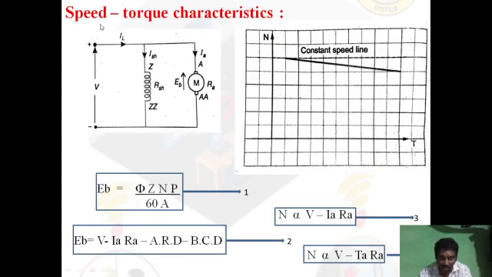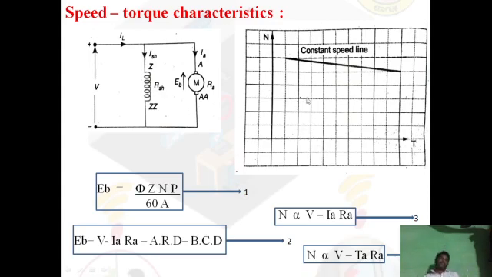But now, in the speed torque characteristics, both are mechanical parameters. The torque is a mechanical motion, and the speed is also a mechanical motion. Therefore, we can consider the speed torque characteristics as a mechanical characteristic.